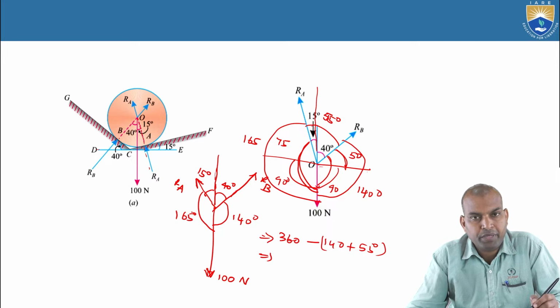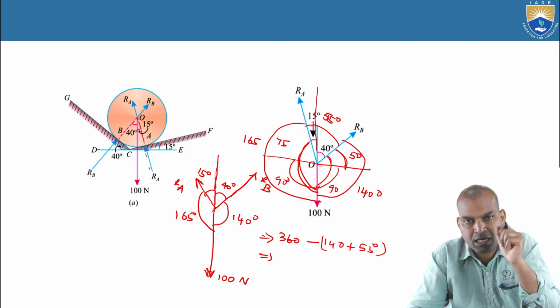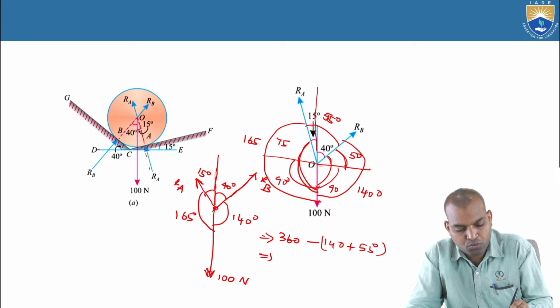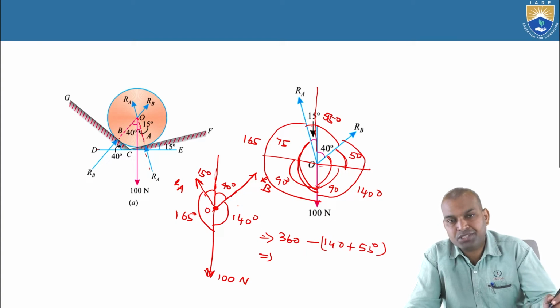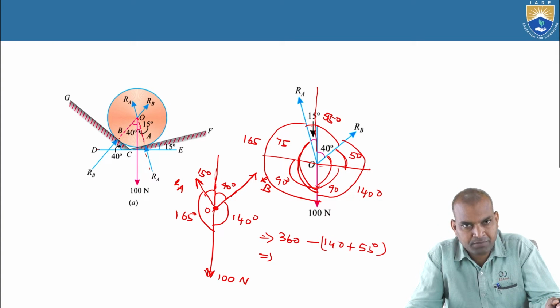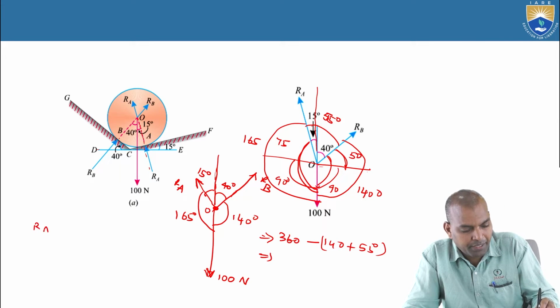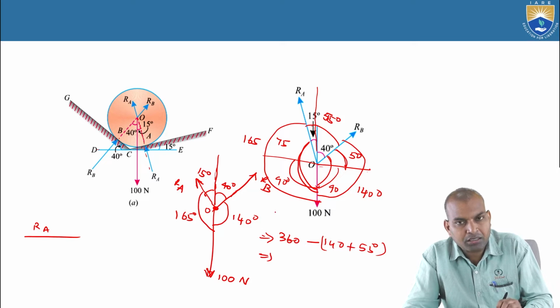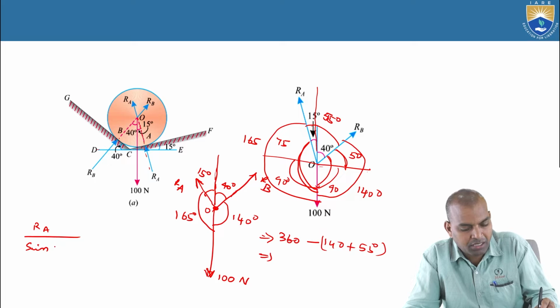We know this is a coplanar concurrent force system, three forces acting at a point O. So how to find RA and RB? By using Lami's theorem. How does it come? RA by the sine of the angle between the other two forces, that is sine of 140 degrees.